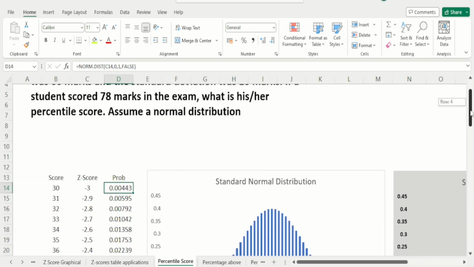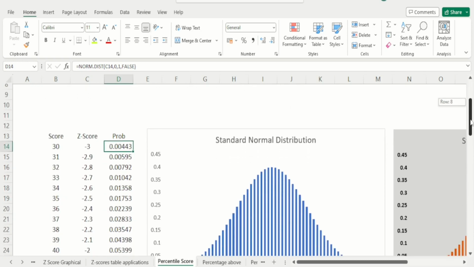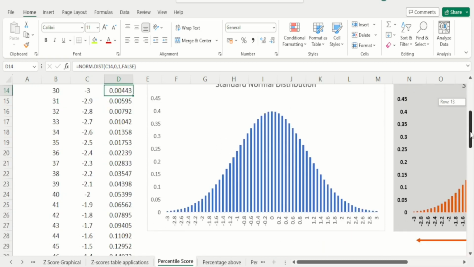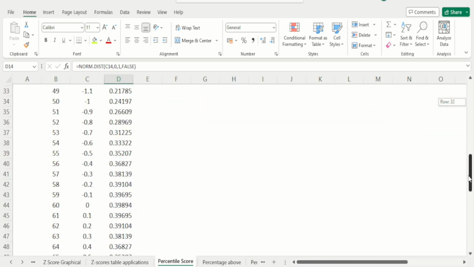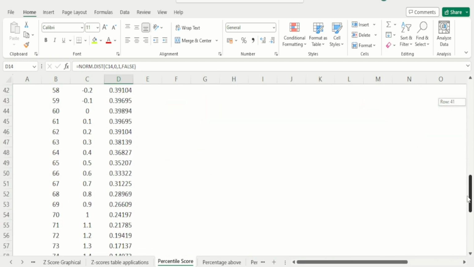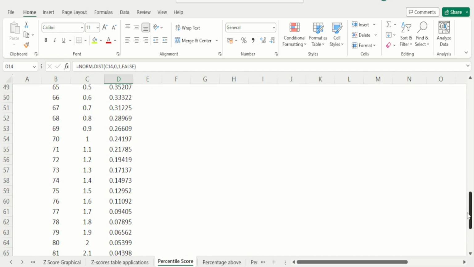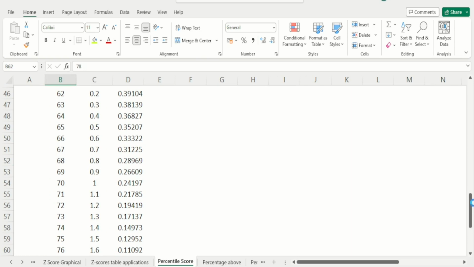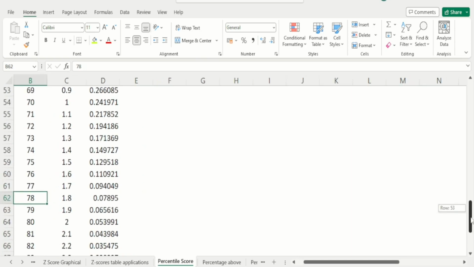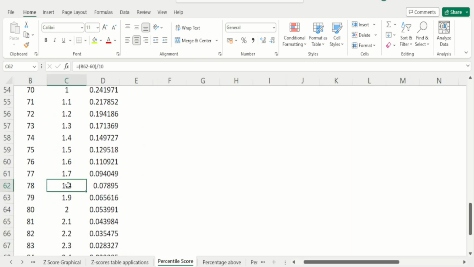If you scroll down the table in which we have calculated the z-score and the probability value, all the way down to the score of 78, you'll see that the z-score we have calculated is 1.8.